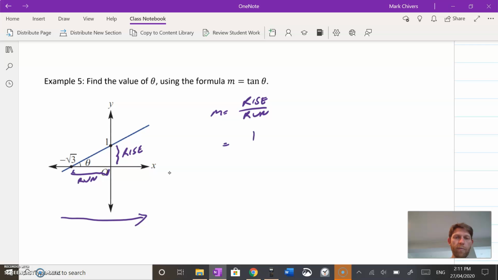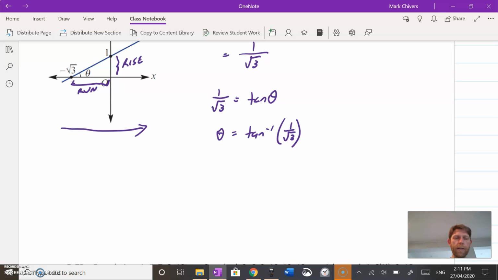So it's been a rise of 1 and a run of √3. So we therefore know that 1 over √3 must equal tan theta, because m equals tan theta. So that means that theta equals tan to the minus 1 of 1 over √3.